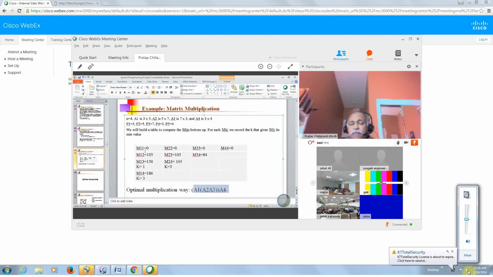This table, in general terms, is called a lookup table. If you have done compilers, you would know what lookup tables are. There's a technical term we use called memoization, not memorization, memoization.